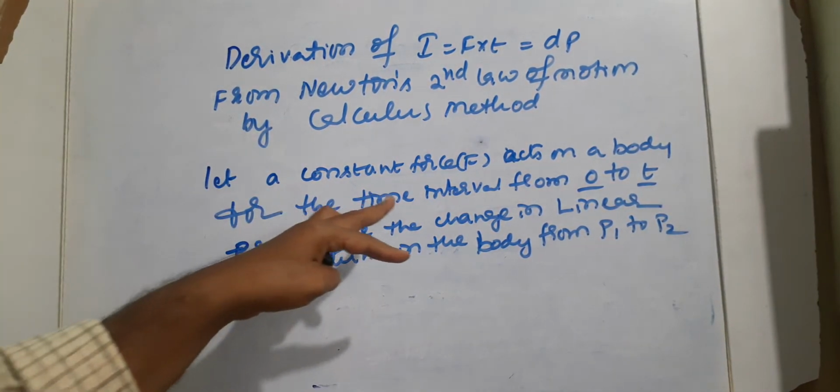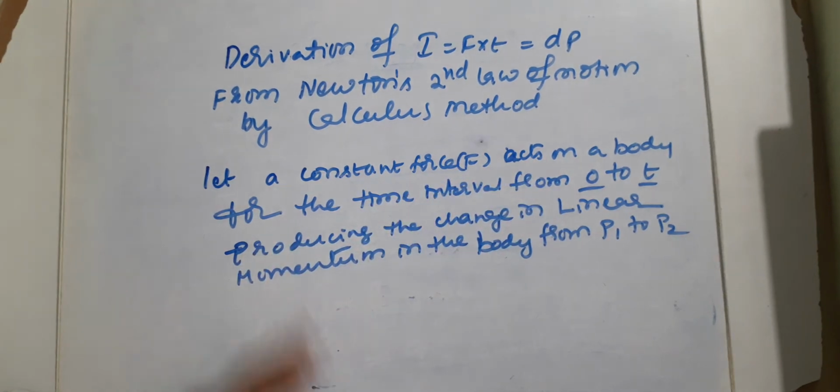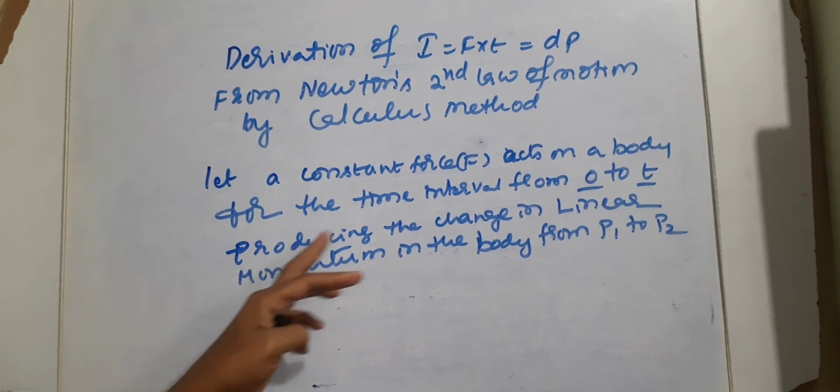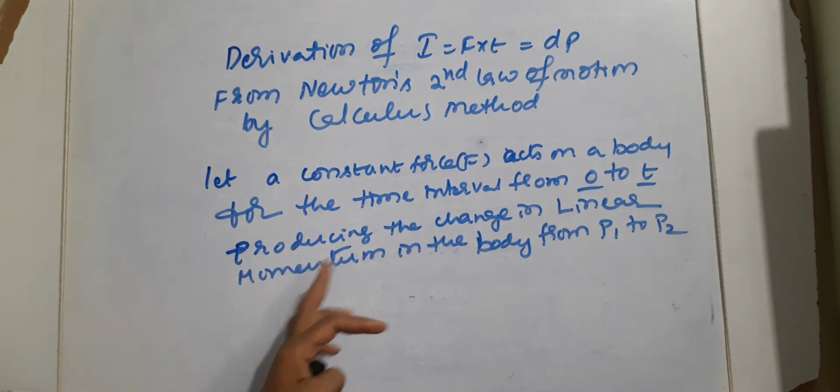So let a constant force F act on a body for the time interval from 0 seconds to t seconds. During this time, it produces the change in the linear momentum in the body from P1 to P2. That is, the initial momentum produced in the body is P1 and the final momentum goes to P2, for the time interval from 0 to t seconds.